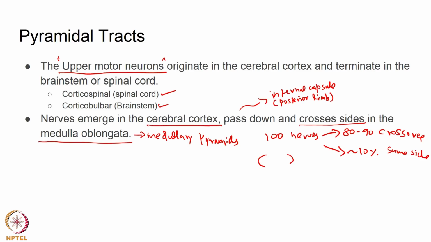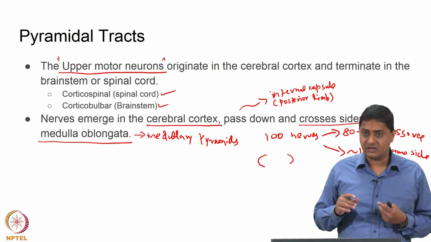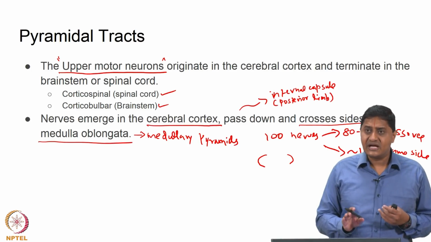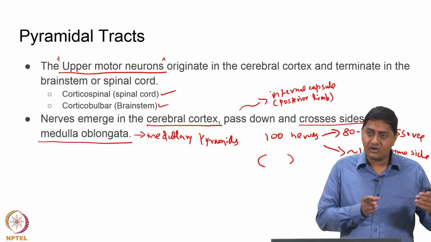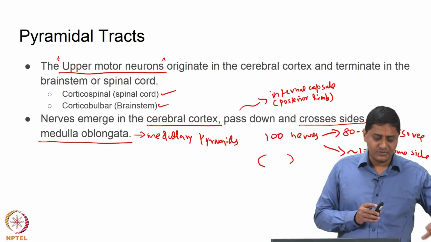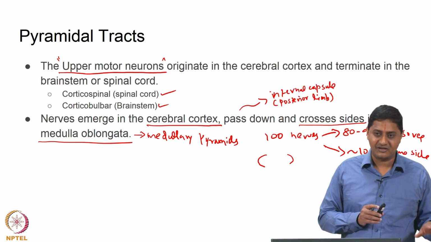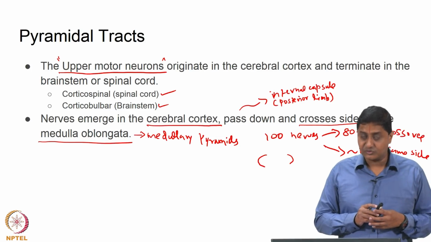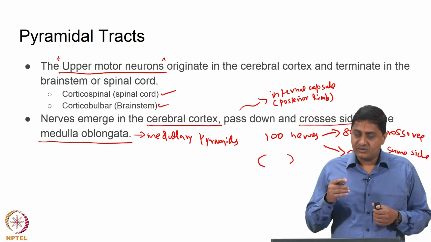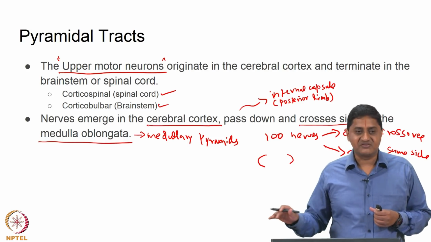Those neurons that originate from the right side of the motor cortex reach the medullary pyramids on the right side and then cross over to the left side, or about 80% of them cross over to the left side and project to the left side of the spinal cord and to the rest of the body, right, through the spinal cord. 10% of these reach the spinal cord on the right side itself and project to the right side of the body itself.